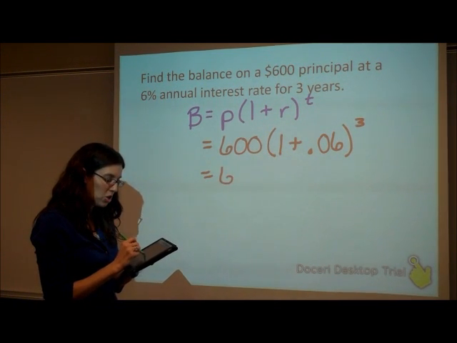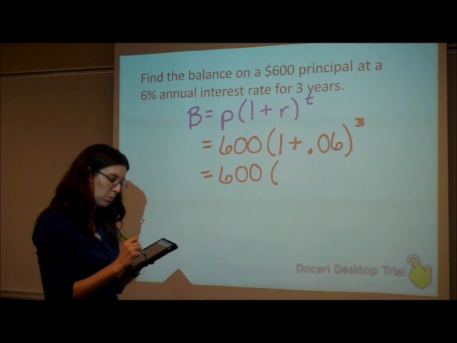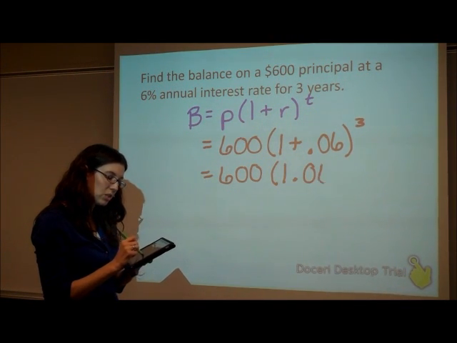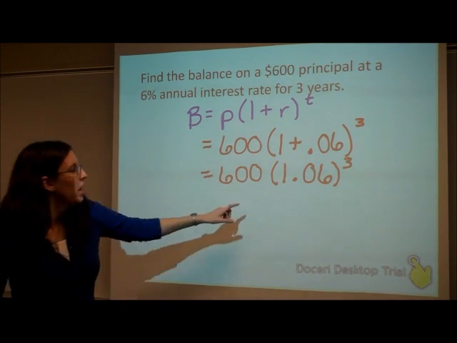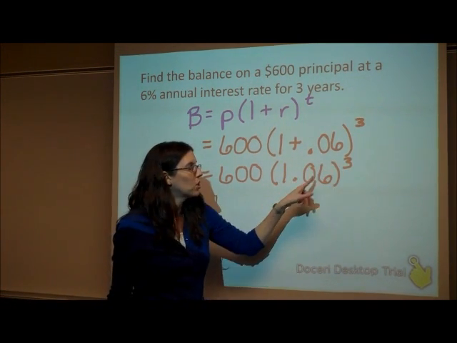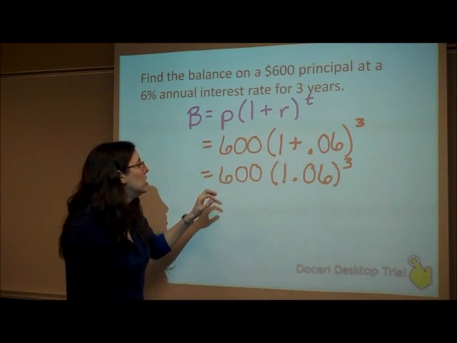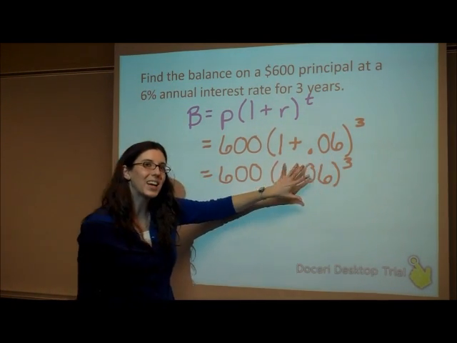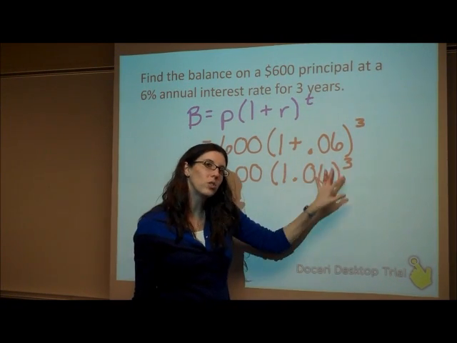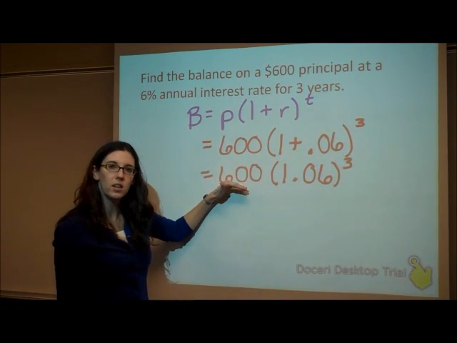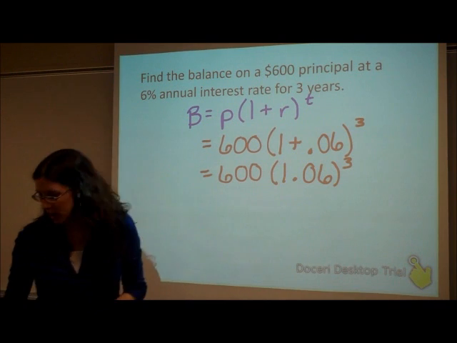So quickly you should be able to simplify what's in the parentheses. So that's 1.06 to the third power. This is the only number being taken to the third power, okay? So we need to do the exponents, order of operations. We did the parentheses first, then we need to do the exponents, then our multiplication, okay?